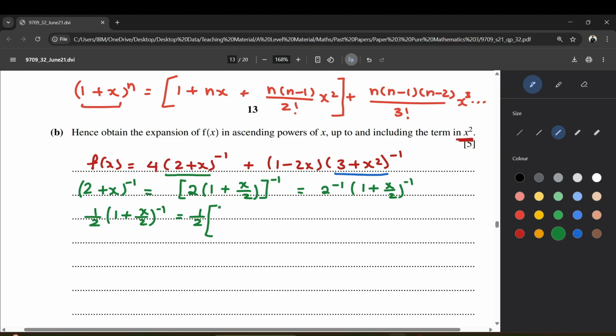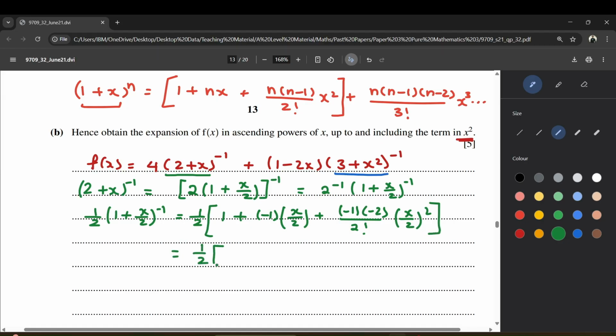So we have 1 plus nx, so that will be 1 plus n is the power, which is minus 1, and x is going to be this entire term, plus n times n minus 1, so that will be minus 2 over 2 factorial x square, so x upon 2 whole square, bracket closed.